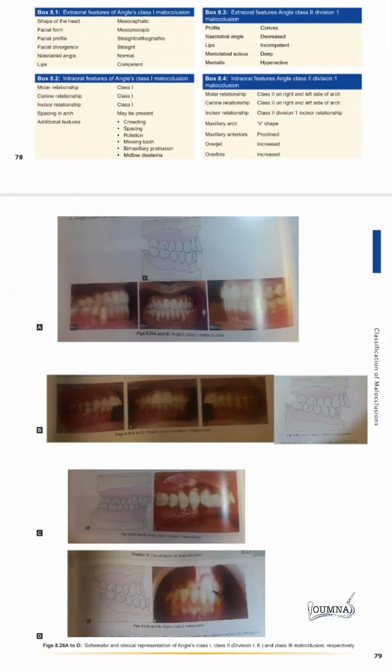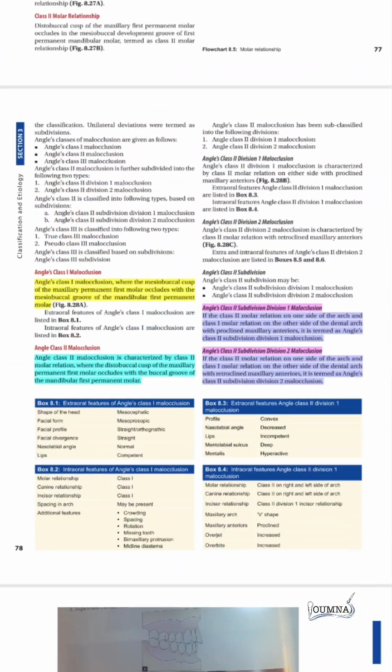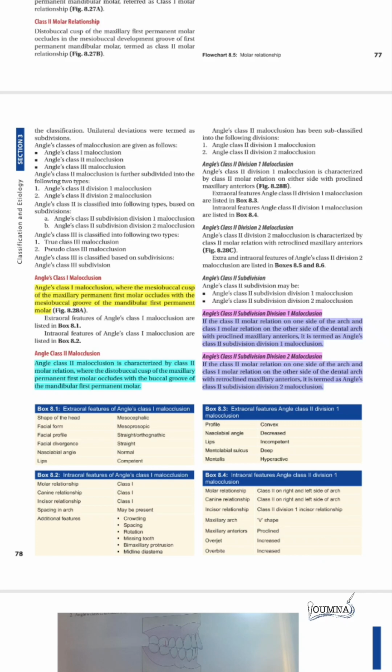So in this chapter we have covered normal occlusion, the ideal, the six keys of Andrews for occlusion. We have seen the types of tooth guidance, the molar relationship, the canine relationship, the malocclusion, and the classification of Angle.